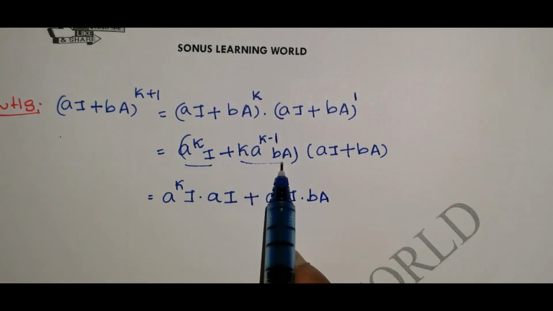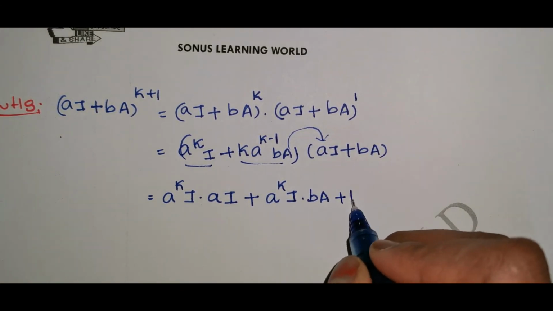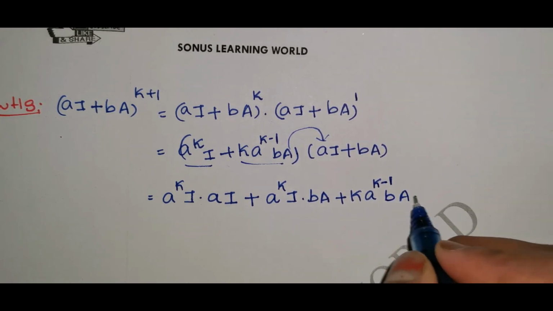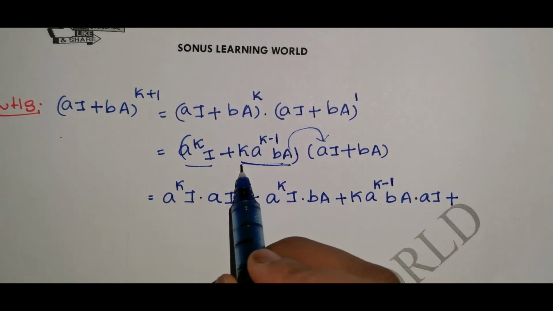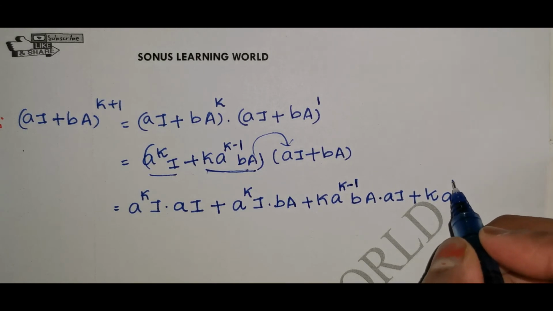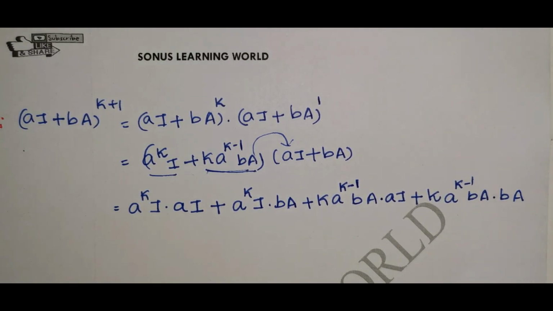Next is this particular term into the first term, so that is k a raised to k minus 1 ba into ai, plus this term k a raised to k minus 1 ba into ba.